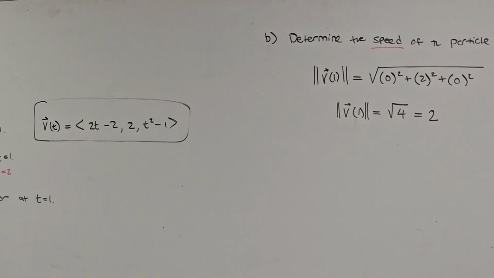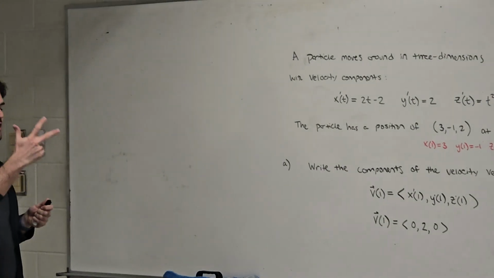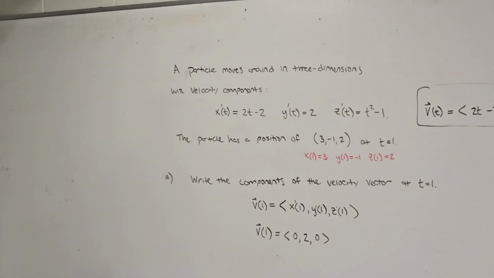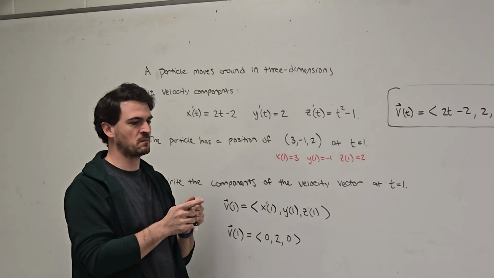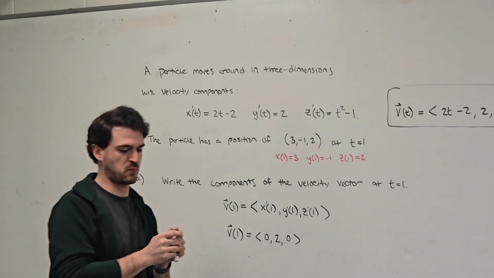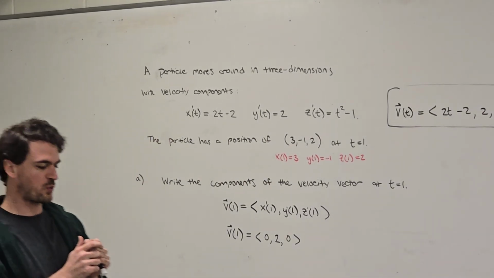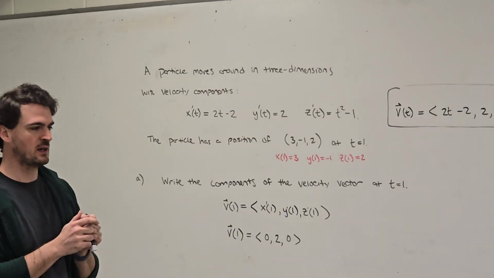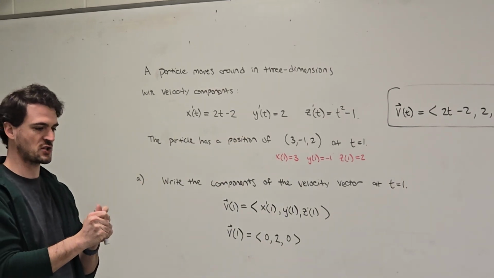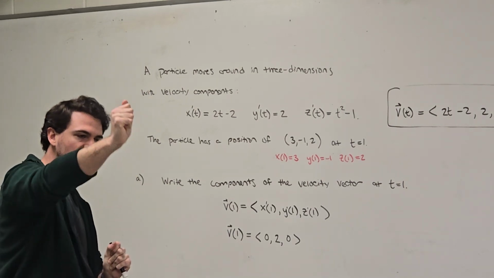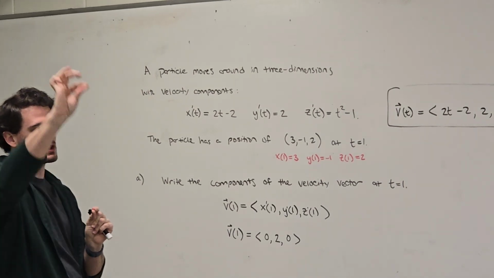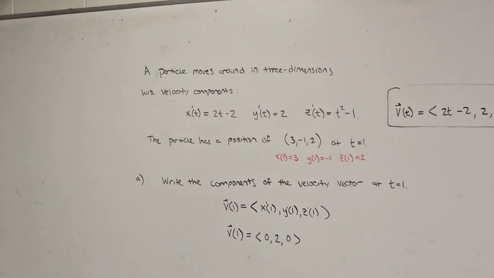The only thing different between speed and velocity is that I'm not caring about a direction. That's right, exactly. So thinking about what this is saying, if I'm moving 2 feet per second in the x direction, 3 feet per second in the y direction, maybe 1 foot per second in the z direction, well, you're traveling all of that at once, so one vector. So the magnitude is the speed combining all 3 of those.